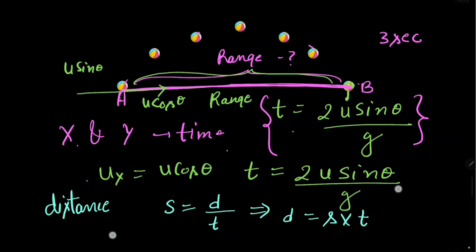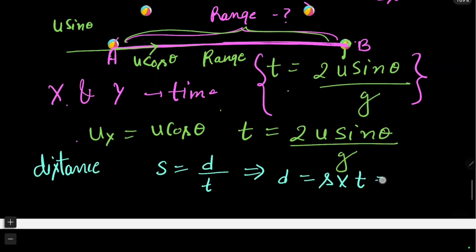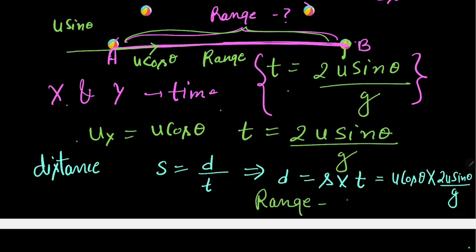The object is moving with a constant velocity in the x-axis. The speed is u cos theta and the total time taken is 2u sine theta over g. This is how I can know the range. The formula comes out to be u cos theta times 2u sine theta over g.